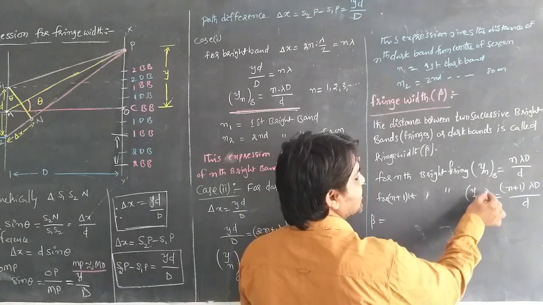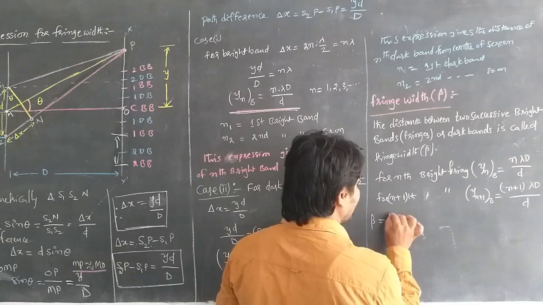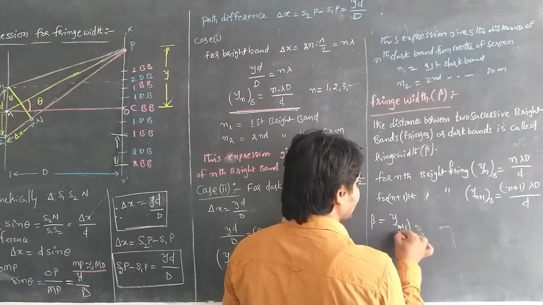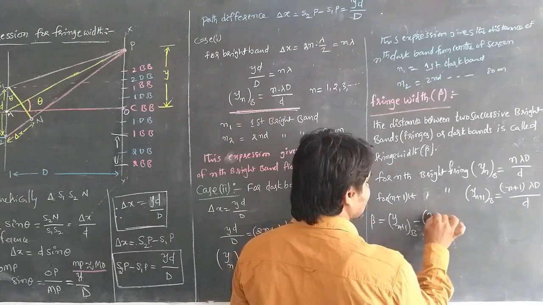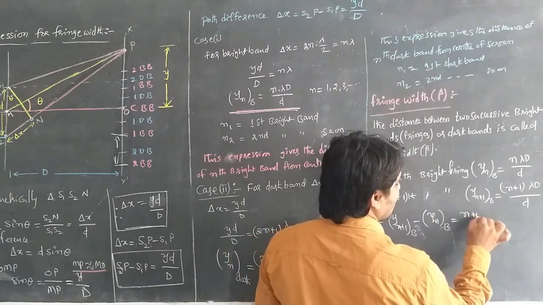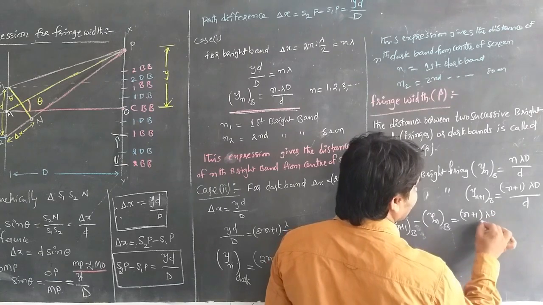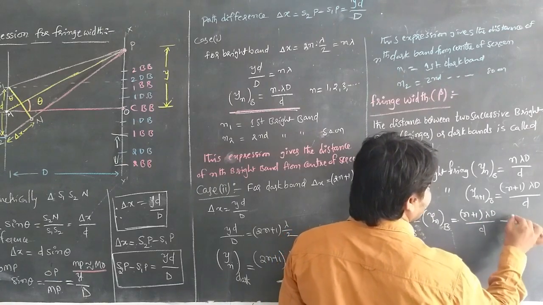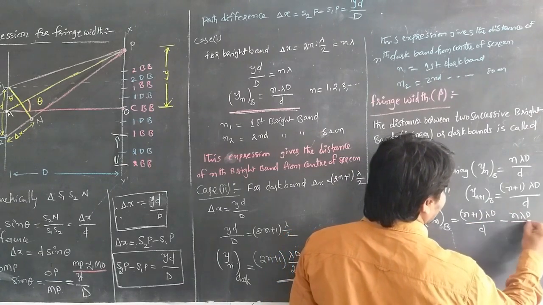If I subtract, y n plus 1 of bright minus y n of bright, we get (n plus 1) lambda D by d minus n lambda D by d.